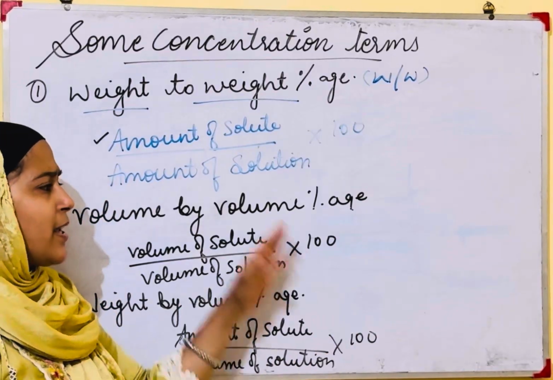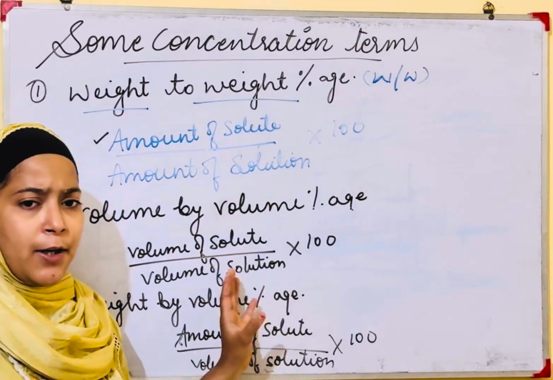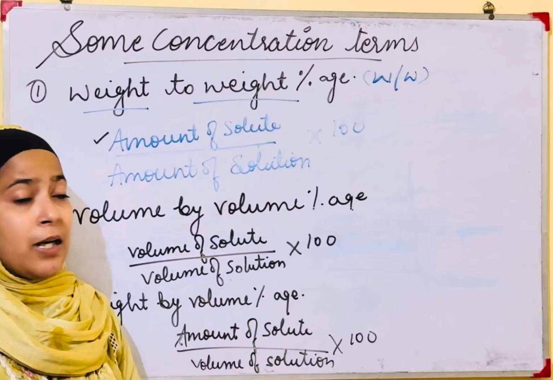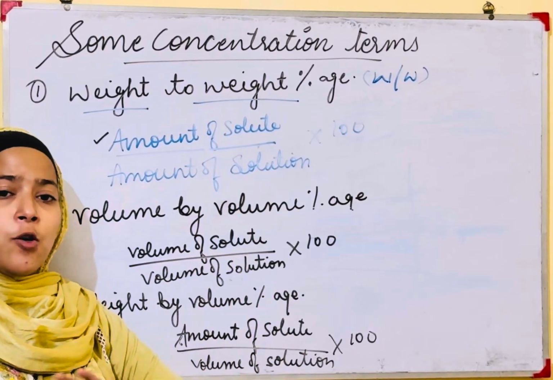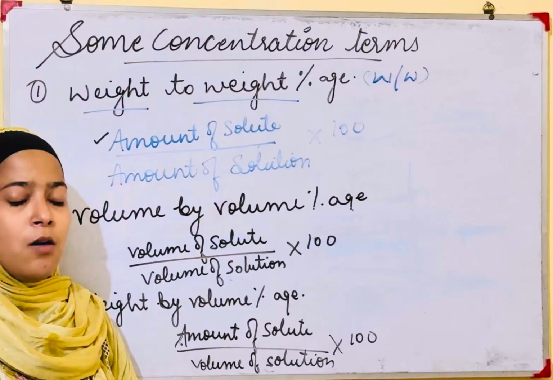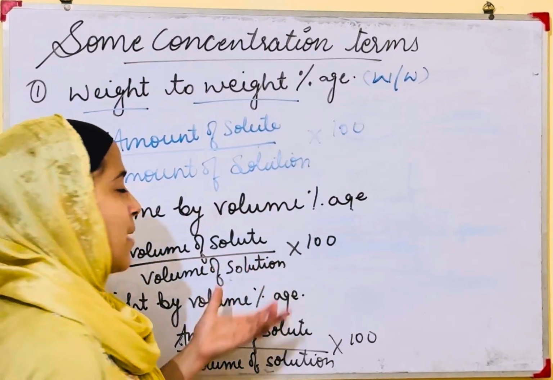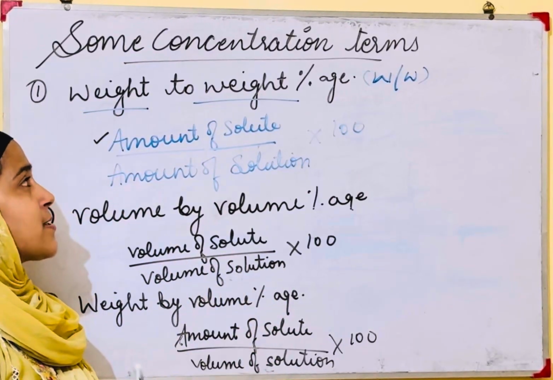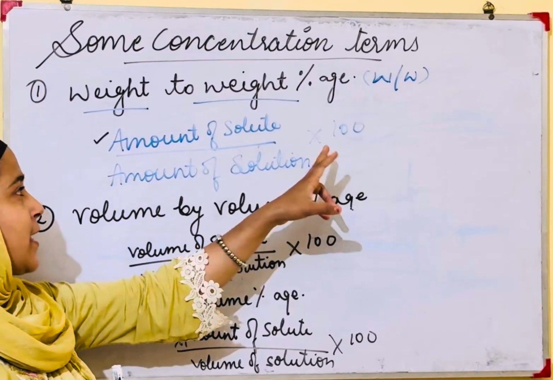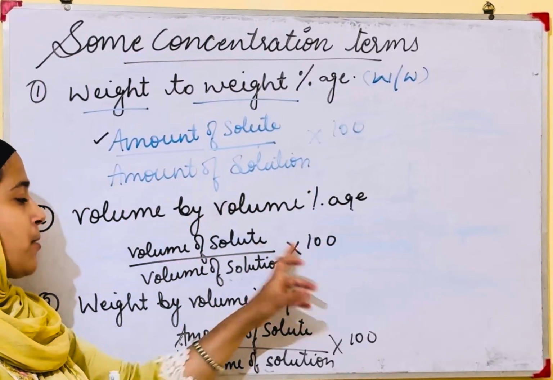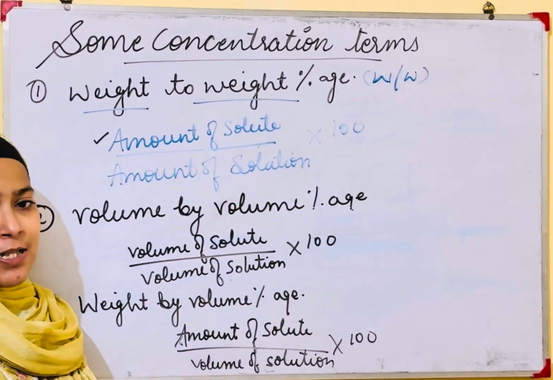There will be very less numericals directly related to this concept, but this thing is used in certain further numericals. We will see in the questions how these can be used. So these are the three concentration terms: weight to weight percentage, volume by volume percentage, and weight by volume percentage.